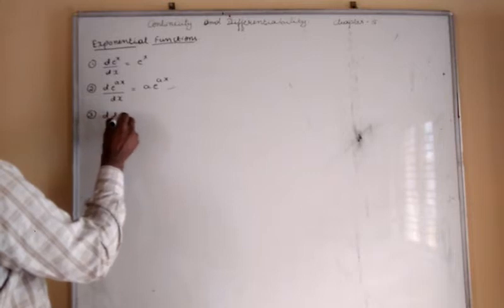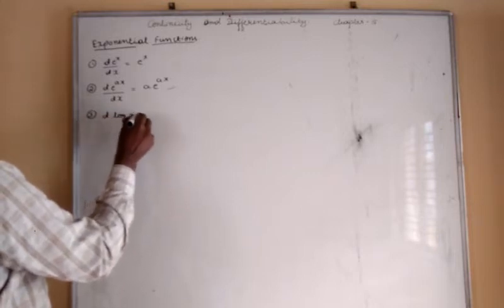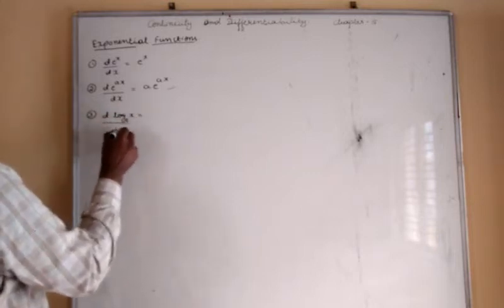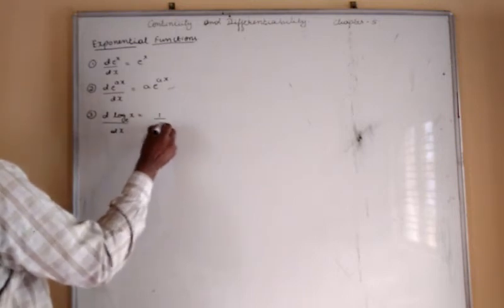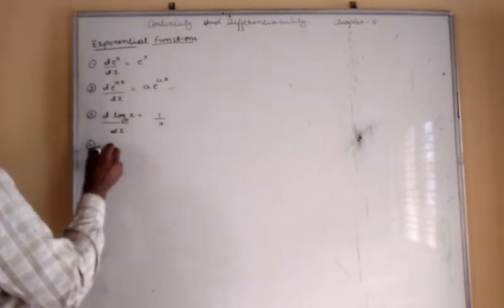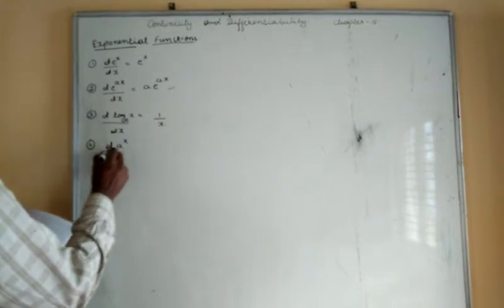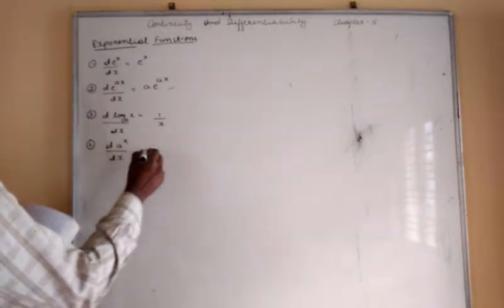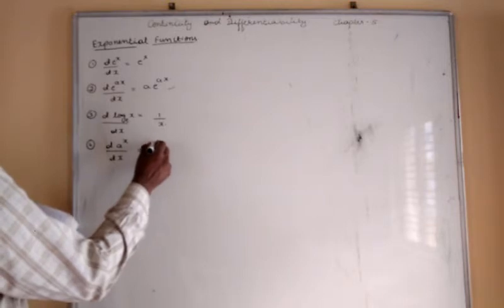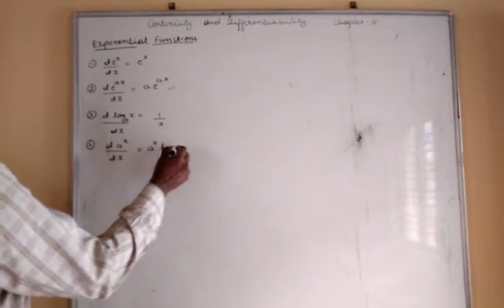Differentiation of log base e of x is 1 by x. Differentiation of a to the power of x is a to the power of x log a.